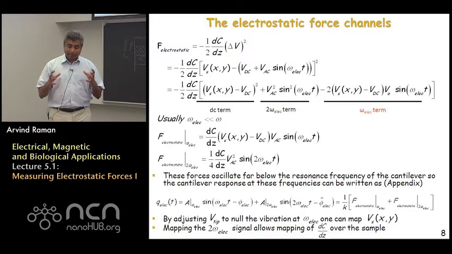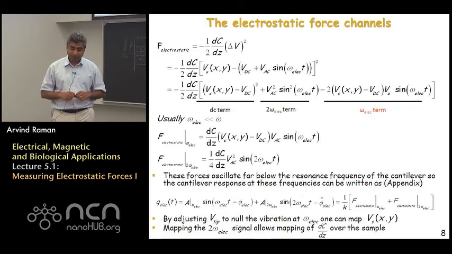Now, as one breaks this up, one realizes that there is going to be therefore an electrostatic forcing that happens at omega elec, at the electrical excitation frequency, which is shown below. And there's also going to be a force applied on the cantilever at 2 times omega elec. Now, when you take a cantilever and you apply 2 frequencies in addition to the mechanical frequency, we're just looking at the forces that come from the electrical excitation on the sample.